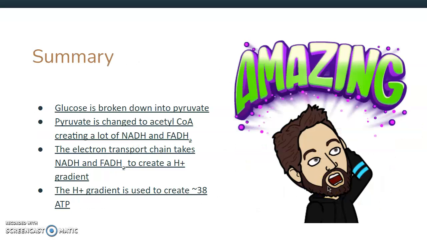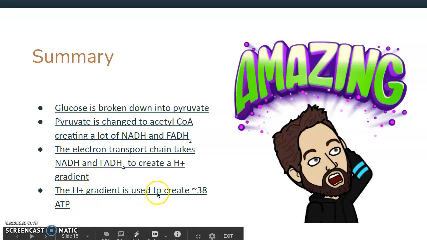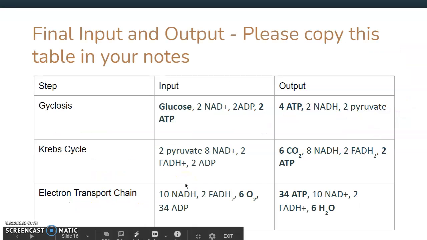So a summary of this, I know there's maybe some confusing parts, is that glucose is broken down into pyruvate. Pyruvate is changed into acetyl-CoA, creating a lot of NADH and FADH2. The electron transport chain takes NADH and FADH2 to create a hydrogen gradient, and the hydrogen gradient is used to create about 34 ATP.